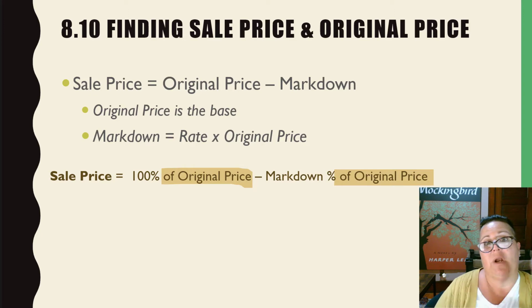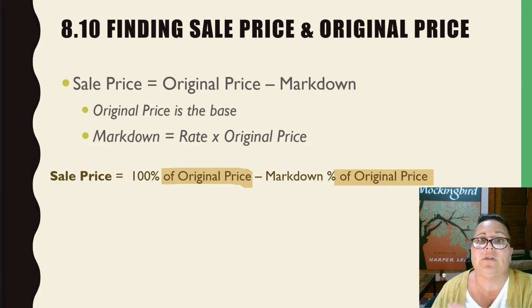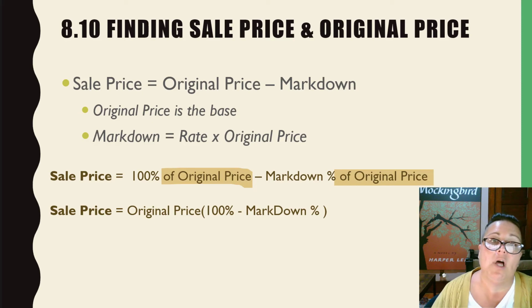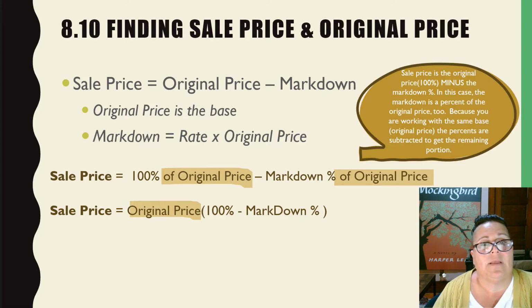So I'm going to do what I did in the last 2 presentations, and I'm going to pull that original price out front. I'm basically going to undistribute it, if you remember the algebra section. And when I pull that out front, I'll be left with 100% on the original price and the markdown percent of the original price. I can put those in parentheses.